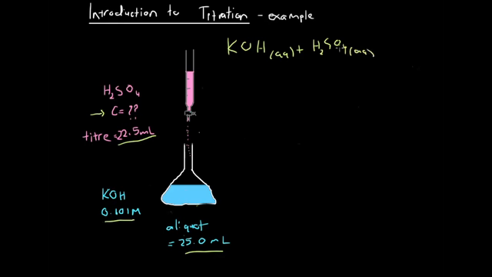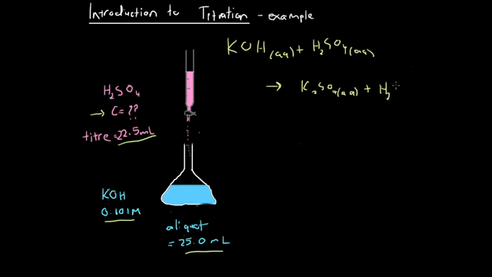It's not a carbonate though. The base is just a regular base, not a carbonate, and therefore we're going to produce a salt. This salt's going to be potassium sulfate, and water, as always happens when we react an acid with a base.